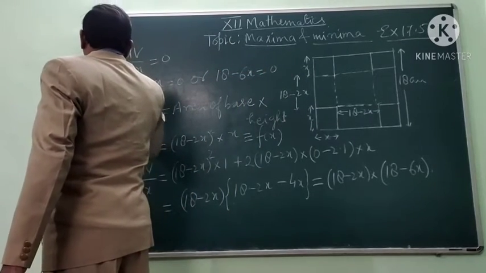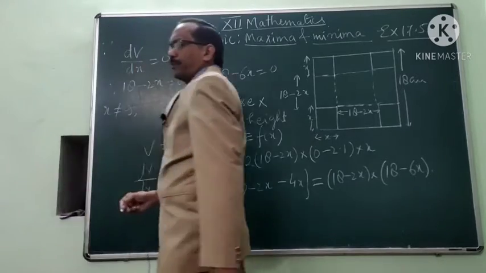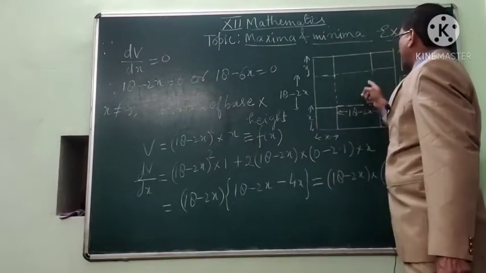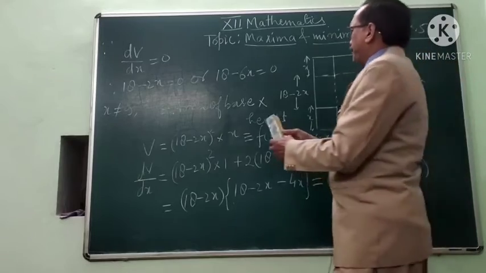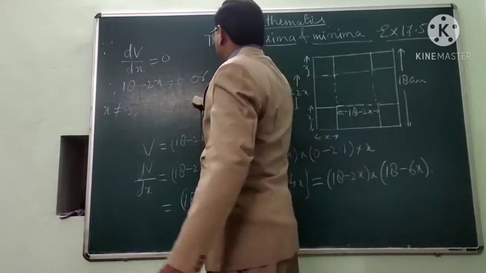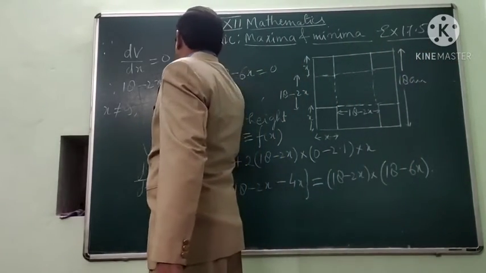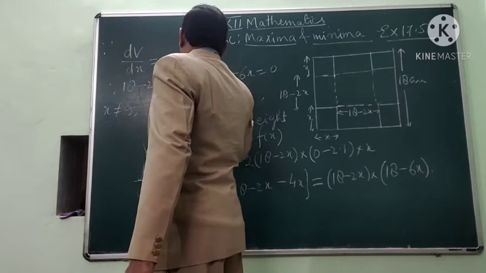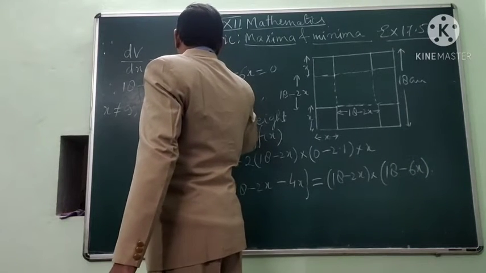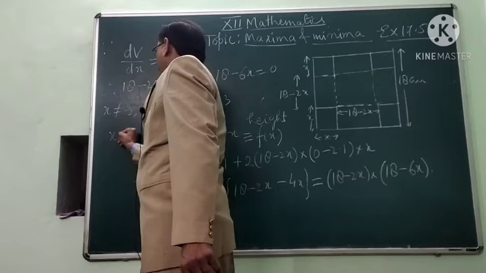Here x cannot be 9, because if x is 9, then the base becomes 0. Therefore, x equals 18 upon 6, which is 3. So x equals 3 here.